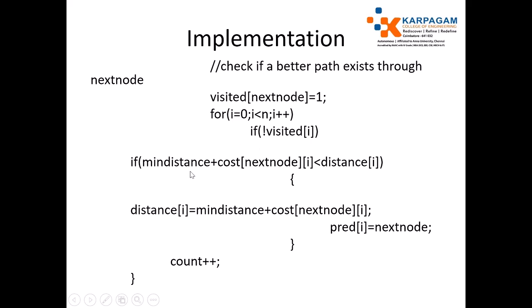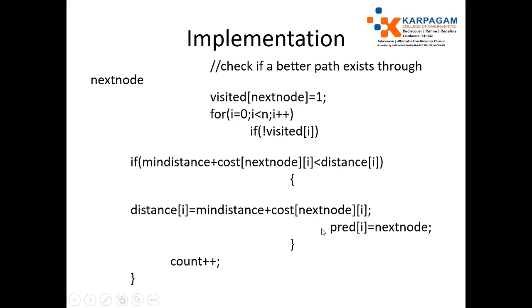If minimum distance plus the cost of the adjacent node is less than the current distance, just update it. That is, distance of I equals minimum distance plus cost of next node of I.